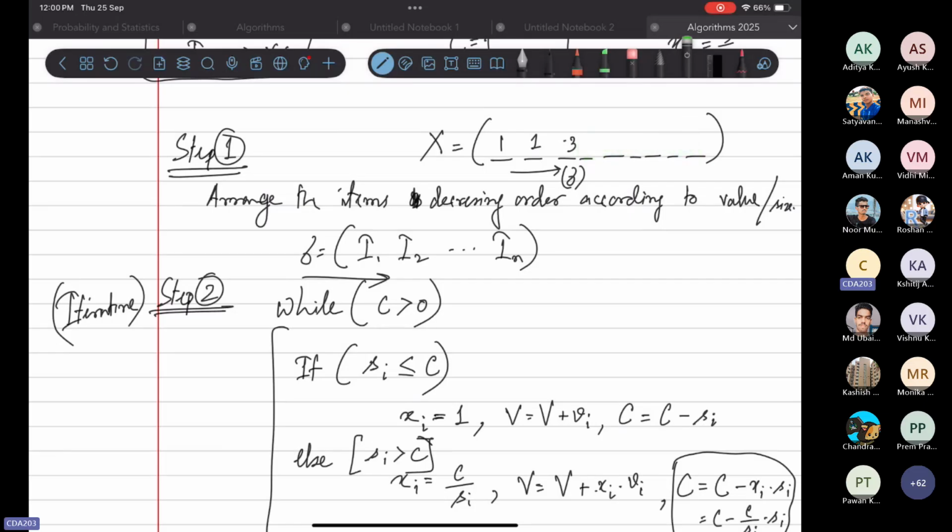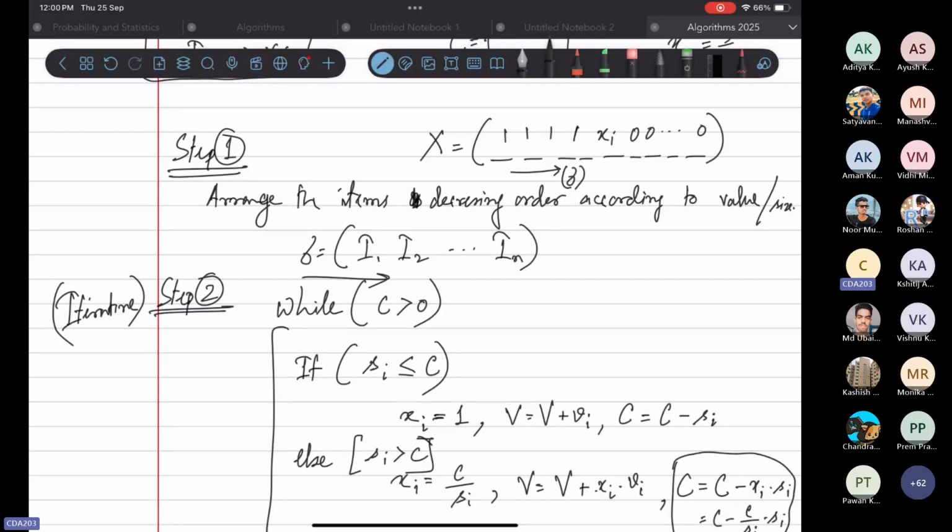The solution should look like a bunch of 1s followed by some fraction xi, and then everything should be 0. Remember that I have arranged these items in decreasing order of the value per size.